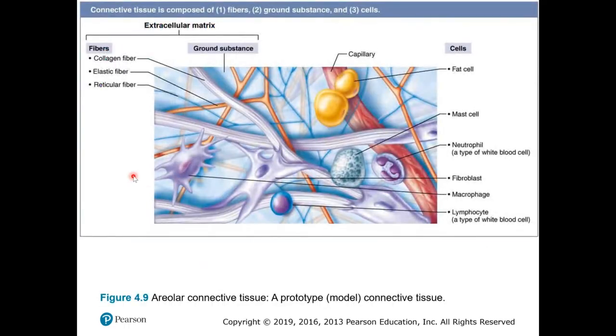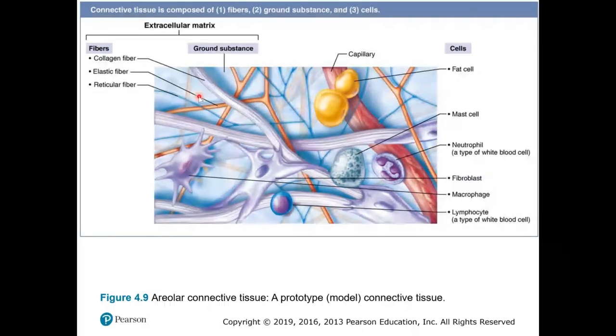Here's a general diagram of a connective tissue, loose connective tissue. This is really typical of something called areolar tissue. We'll get to that in a minute, but let me go through some of this stuff. So we have these big, thick collagen fibers, the strongest fibers, and maybe the most common protein in the whole body.